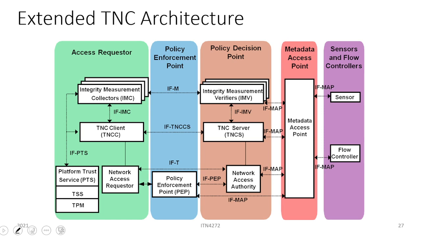So if suddenly we detect a particular device attached to the network is doing an abnormally large amount of network communication to endpoints that it doesn't normally communicate with, that information can be corroborated with these additional components, and certain actions can be taken based on that. So that is again a basic overview of TNC.